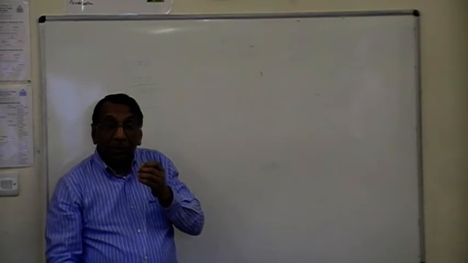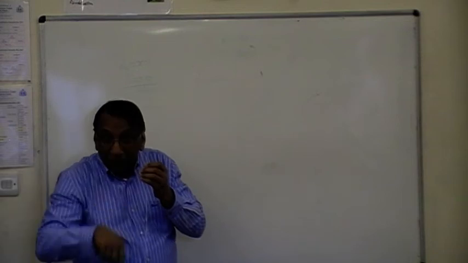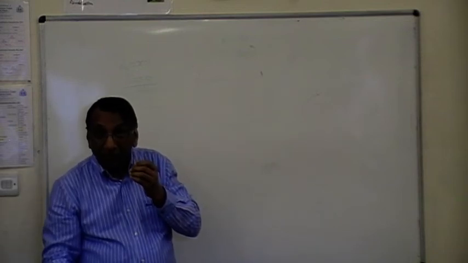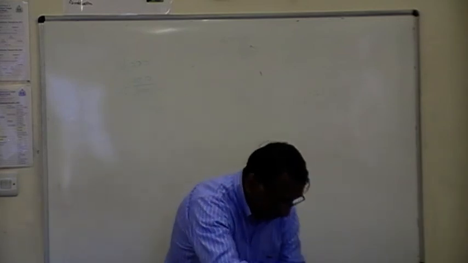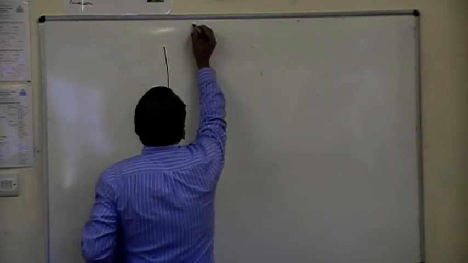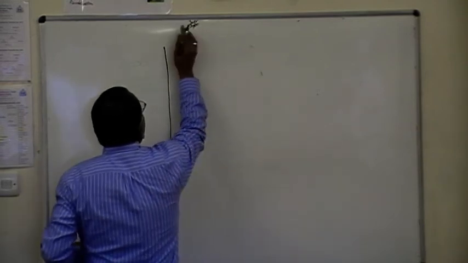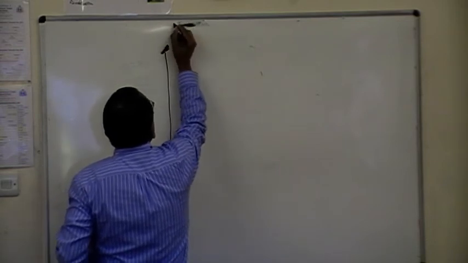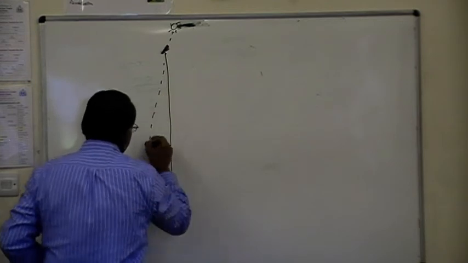So it will give the angle of the sun at that place. Now we draw the diagram. This is the object, this is the sun, too far away, and this is the shadow.